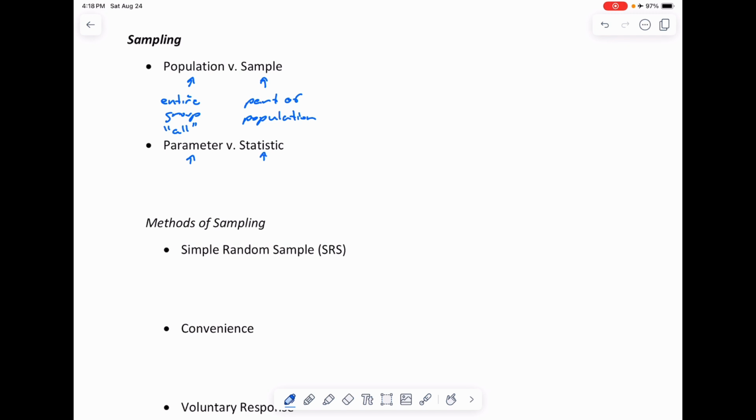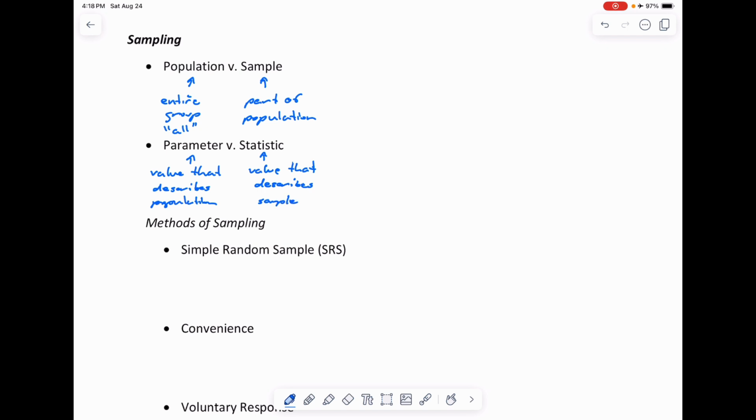Also, then, we want to talk about parameter and statistic. A parameter is just any value that describes the population. And a statistic is any value that describes the sample. In statistics, we want to be very, very clear about which group we are referring to.